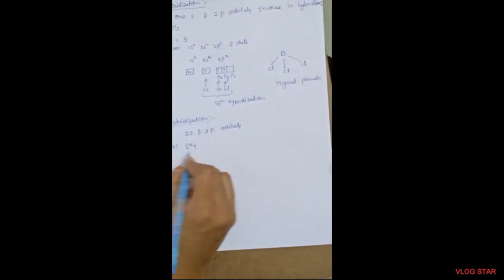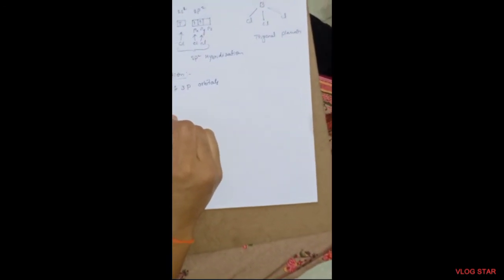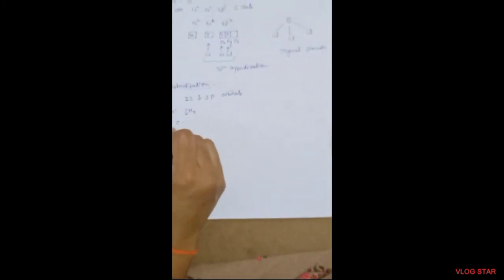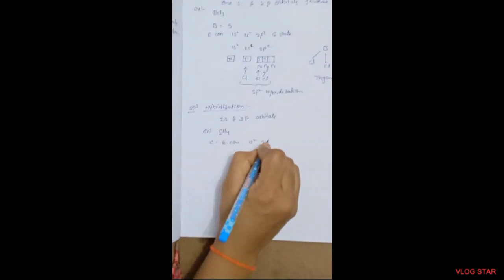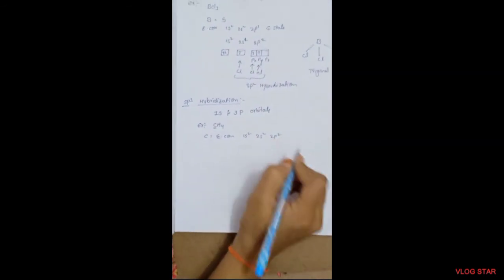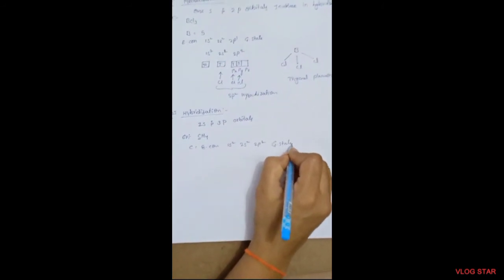In methane, carbon has atomic number 6. The electronic configuration of carbon is 1s2, 2s2, 2p2. It is the ground state electronic configuration.